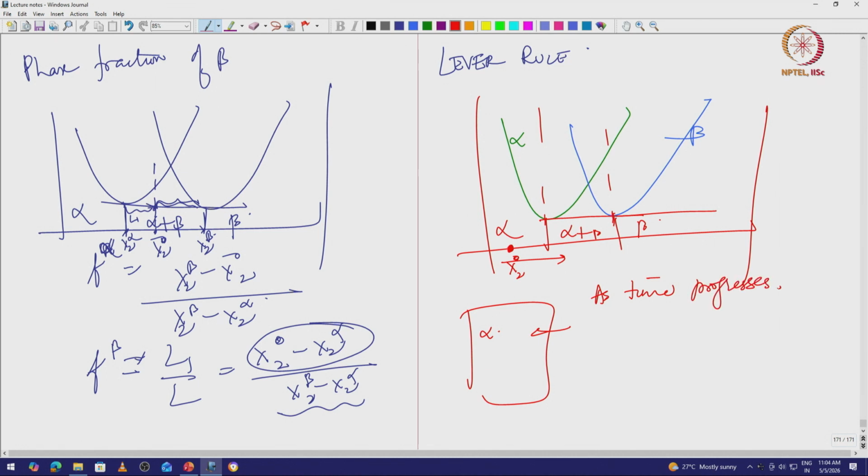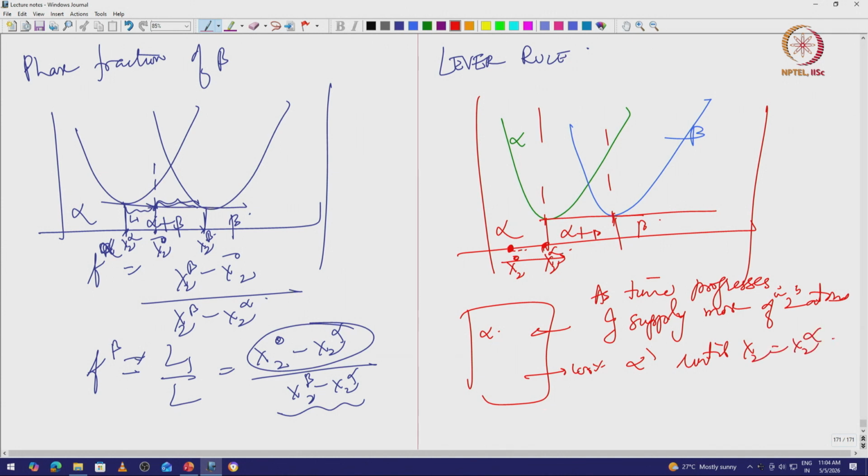So, this is x2 0 to start with, and then as time progresses, just like in any growth process, I supply more of 2 atoms, so more of palladium atoms to platinum, let us say. Initially I have 100% alpha until the composition gets to x2 of alpha, until x2 equal to x2 of alpha.